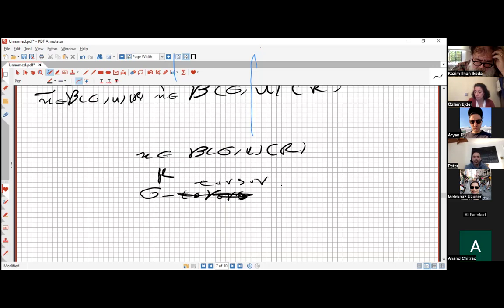I have two maps from G_mu to G. One is the inclusion, and one is the map that appeared in the formula previously.